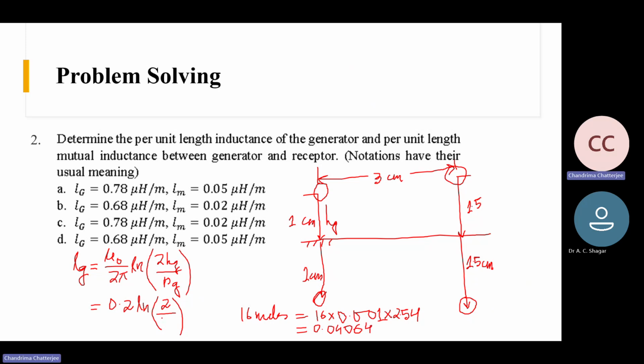So you put the value over here and you will get 0.779. Okay, so what is LG? LG is 0.78. But 0.78 we are getting in two options, option A and option.